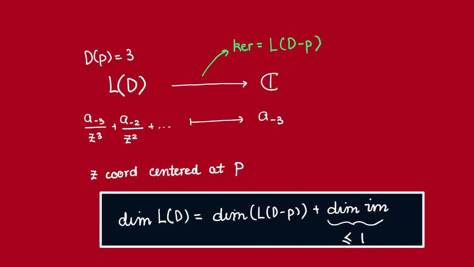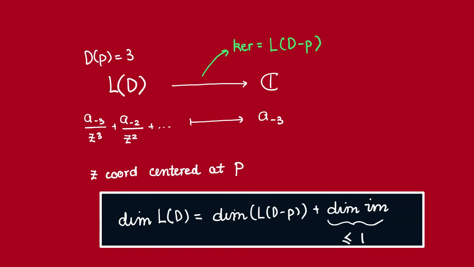For example, let's say that dP is equal to 3, and let Z be a local coordinate centered at P. Then every element inside LD has a Laurent expansion at Z, but it cannot have a pole of order greater than 3 at P. So the series must start from this term here. We can have the following map.